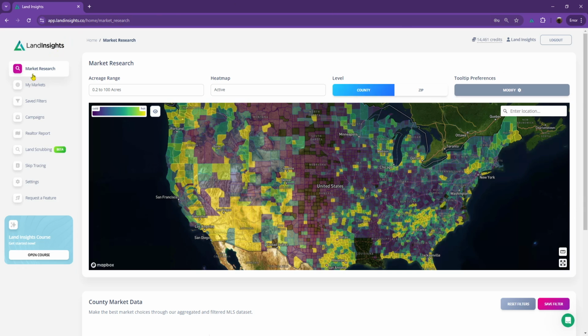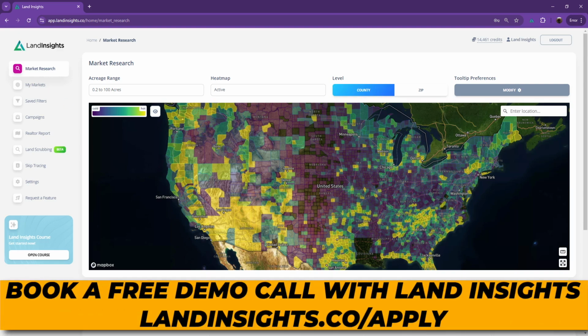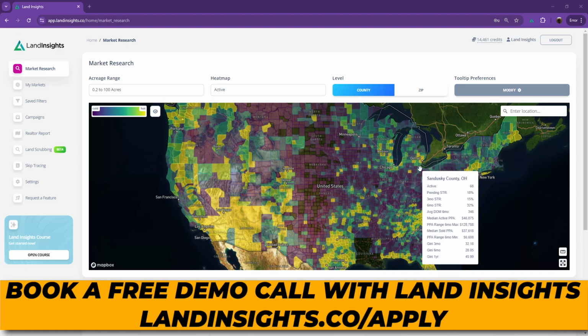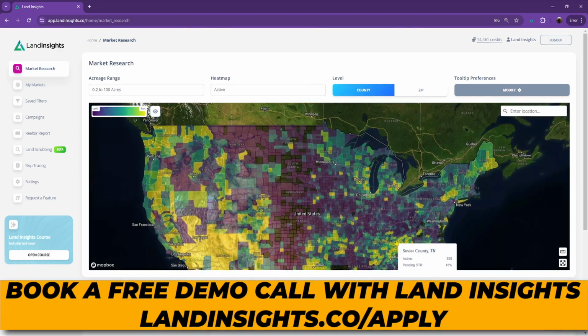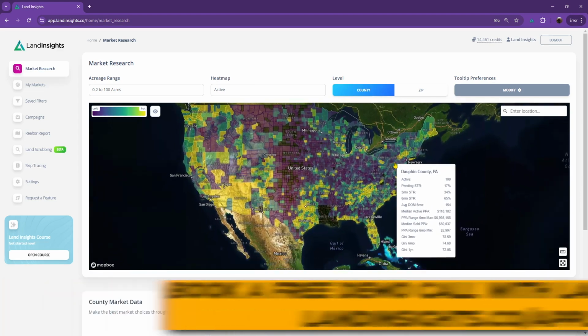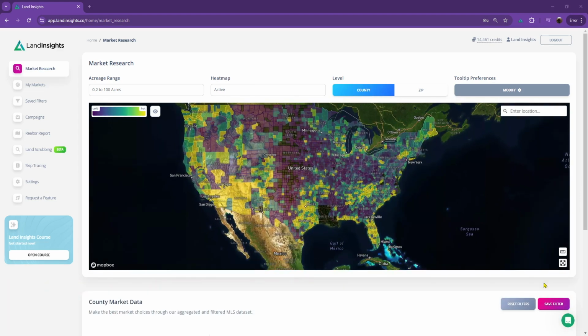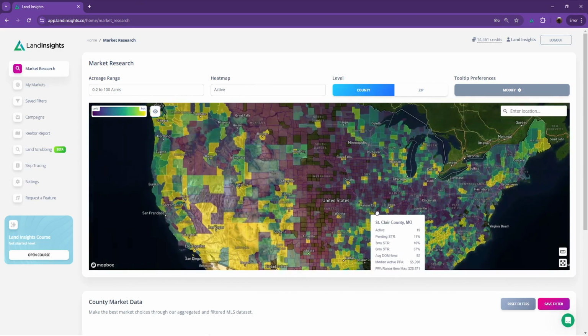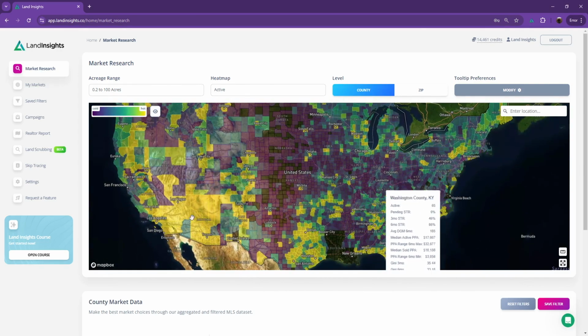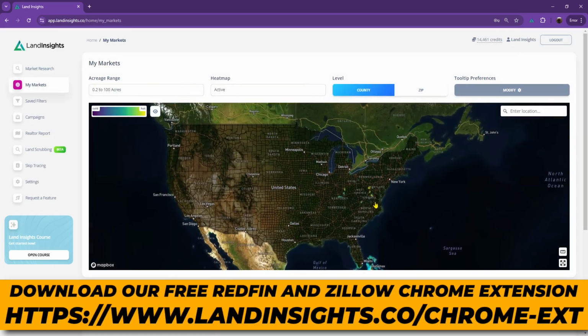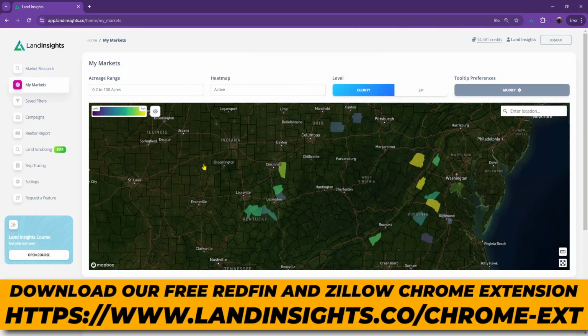So finding a subdivide opportunity in a market I already like just feels much more time conscious and, honestly, more efficient, just a better use of my time in general, because I already know that the markets I've chosen over time are good. So that's my own personal hot take.